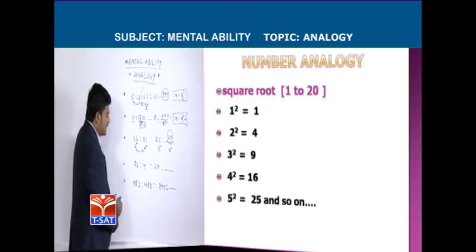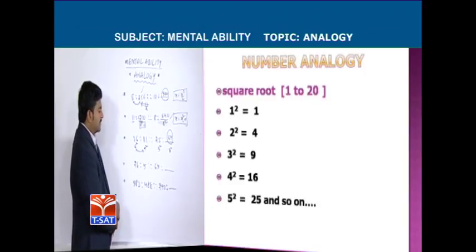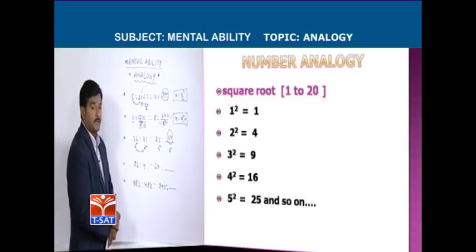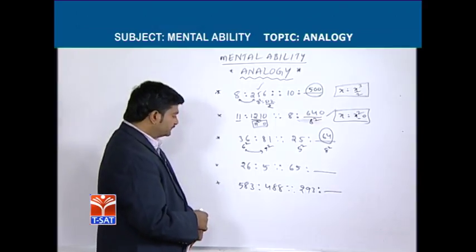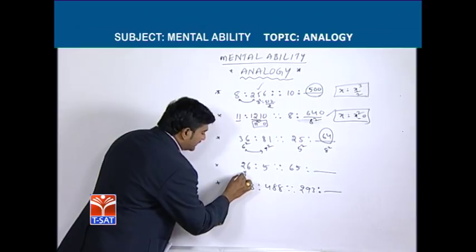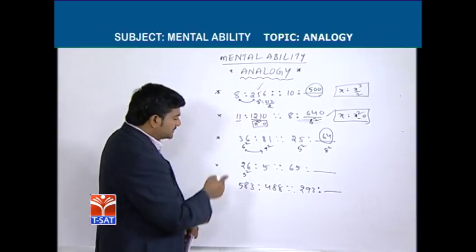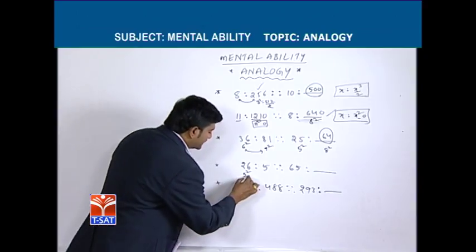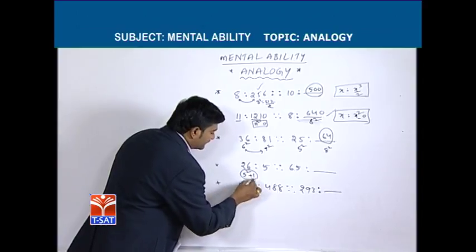Okay. So now observe here. This is also some kind of square logic. How? See 26. 26 means 5 square plus 1.